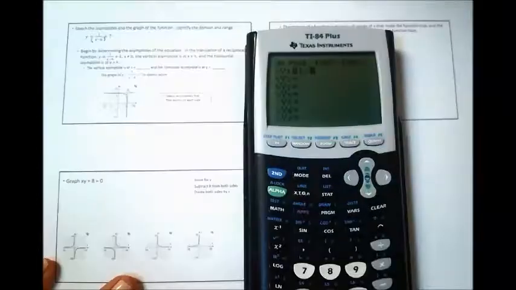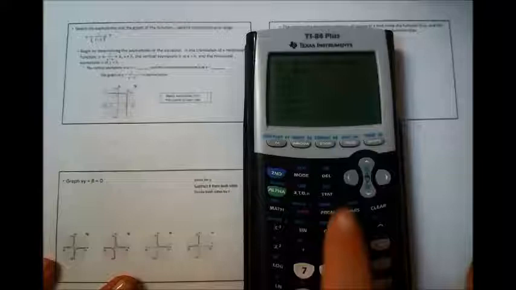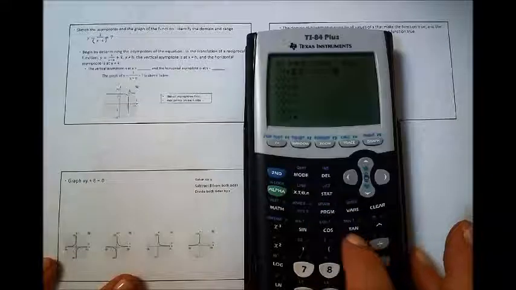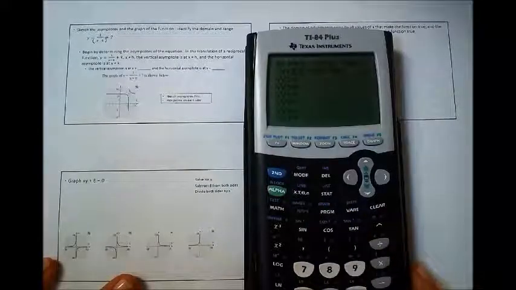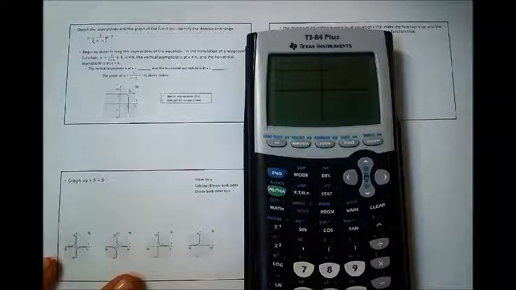So we're going to say 1 divided by x minus 6. And then we're going to say plus 7. Graph. Because the first thing you will be required to do is to graph what it looks like, or to pick the graph that it looks like. So you just have to look for one that looks like that.